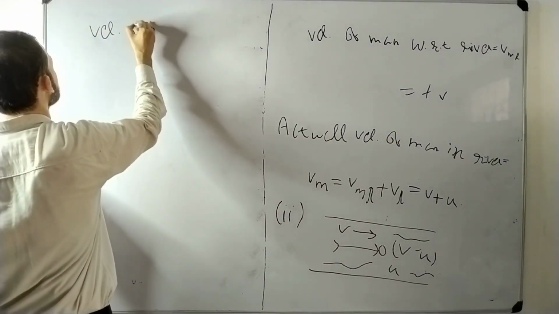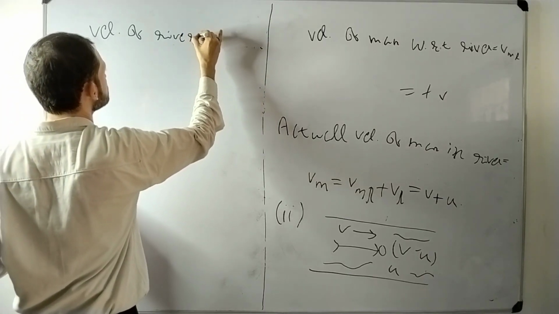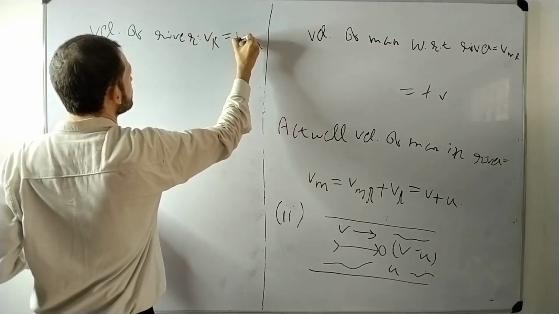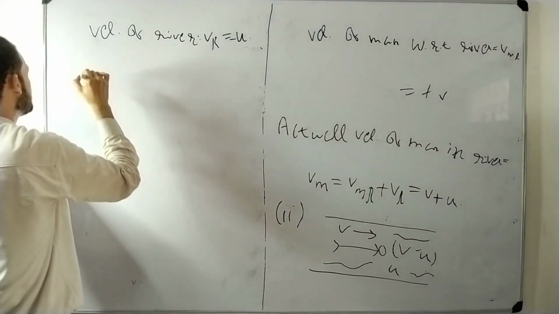So I would write the same things. Velocity of river, Vr, is minus u, in the negative direction.